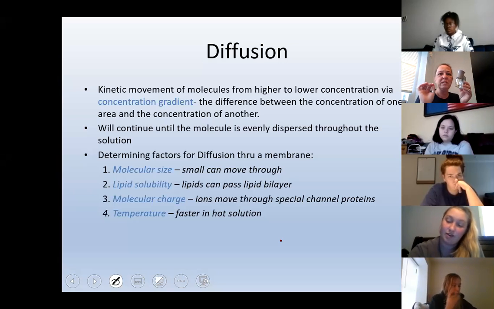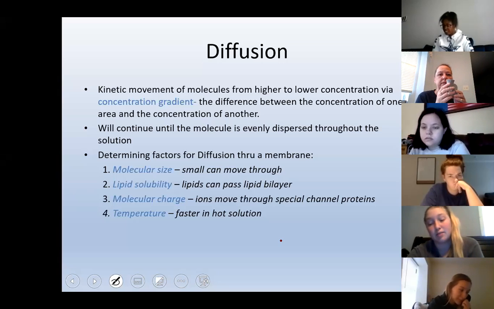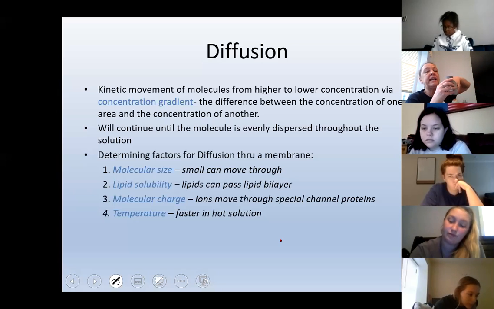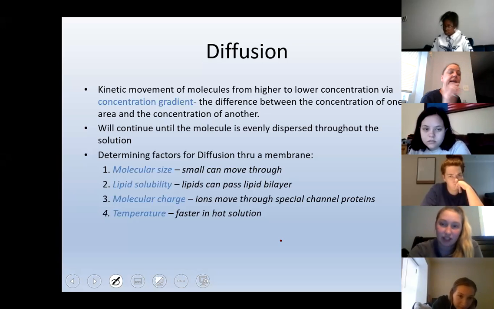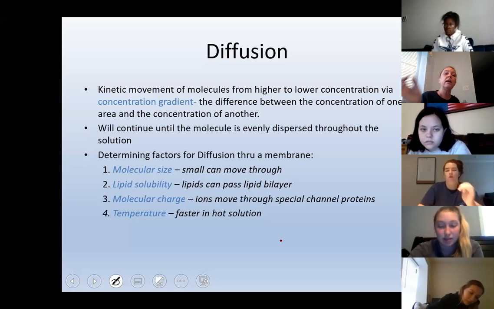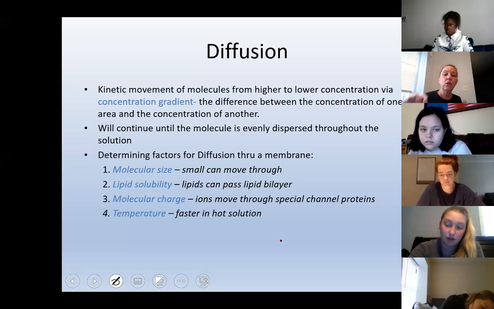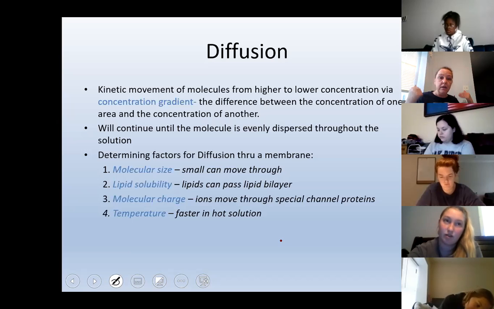Oh my Lord, you're going to smell like that for the rest of the day. Super concentrated. But then as it moves through the house, it gets less and less concentrated. That is a great example of your gradient. The concentration gradient is simply the difference between the highest and the lowest concentration. And our molecules are going to move from high to low concentration.